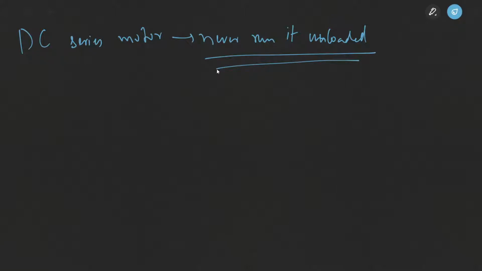So never run a DC series motor without a load. Always connect a load before running a DC series motor. Use some sort of brake mechanism, or else make sure that there is a considerable value of induced torque in the machine that will not cause harm to the DC series motor.